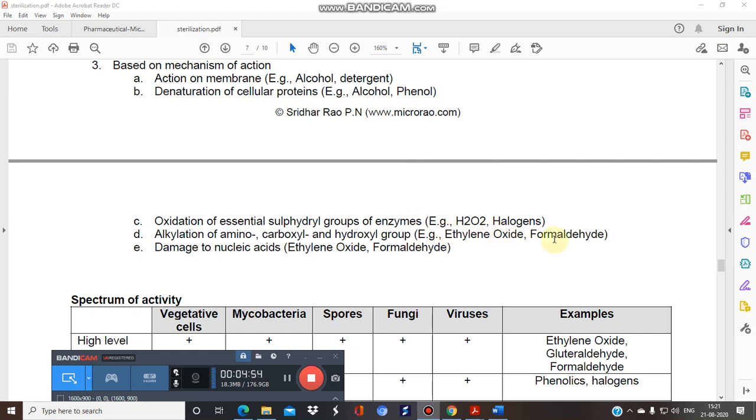Ethylene oxide and formaldehyde act by alkylation of amino, carboxyl and hydroxyl groups. They also directly damage the nucleic acid of the microorganism, resulting in its disruption.